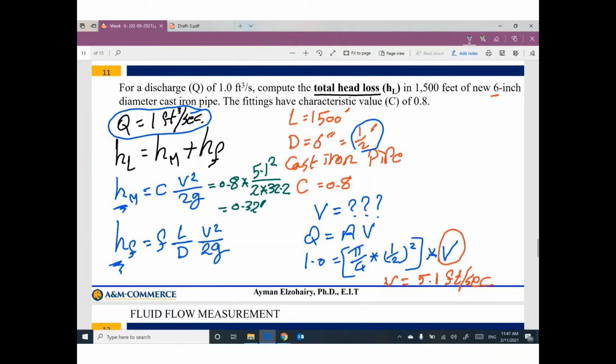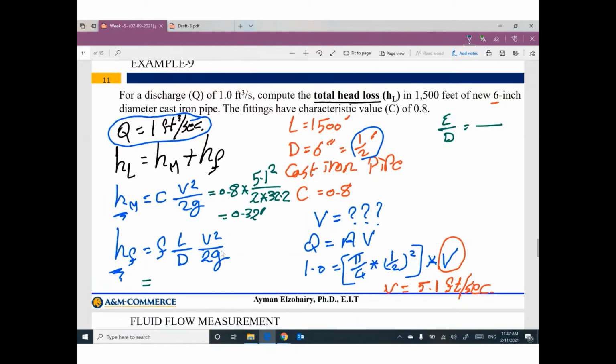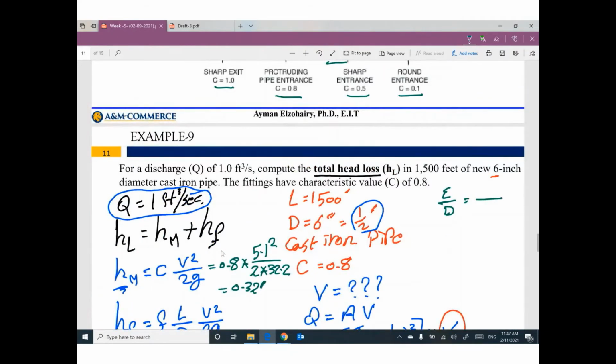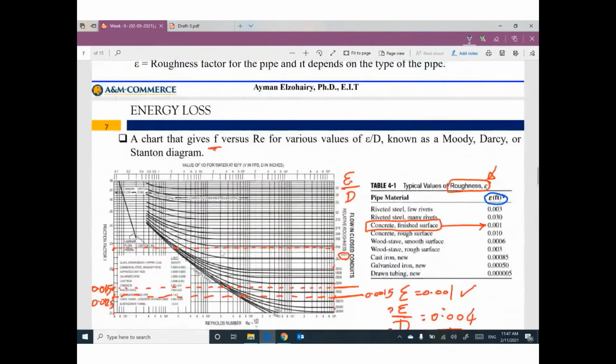What about the friction losses? How can I figure out the F? The value of F. So what is the value of roughness divided by D? I need to open this chart.